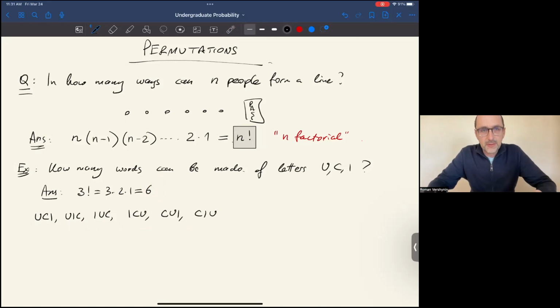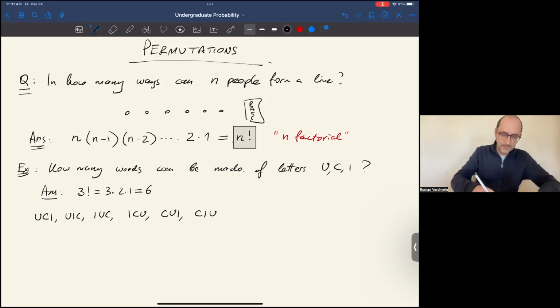This concept, the concept of rearranging the people in the line into a line, rearranging the letters into a word, is so general that it has a name, and it's called a permutation.